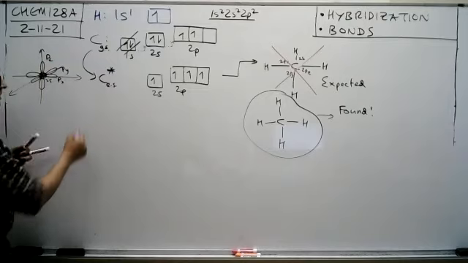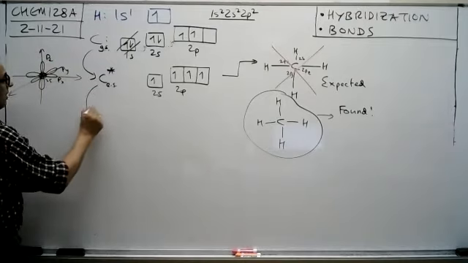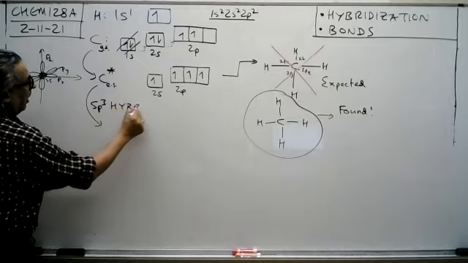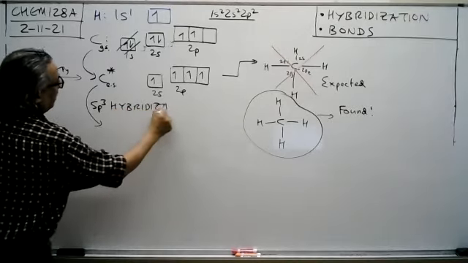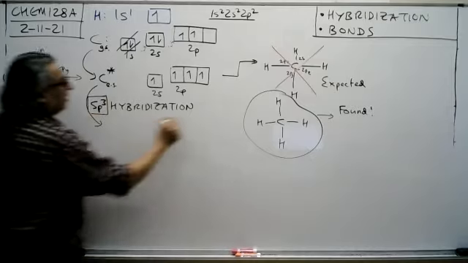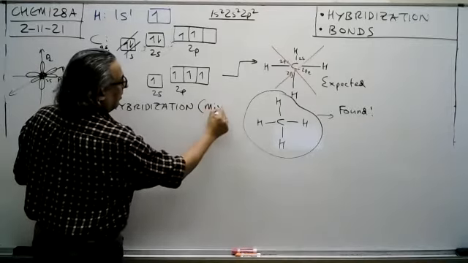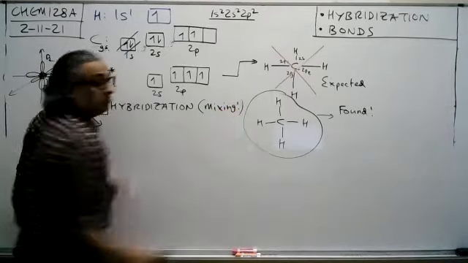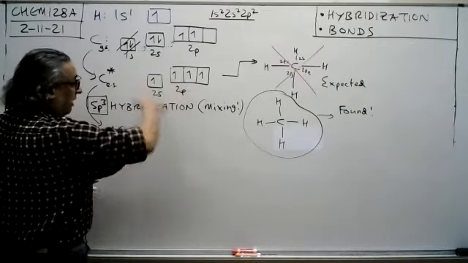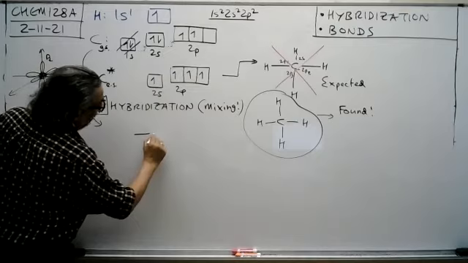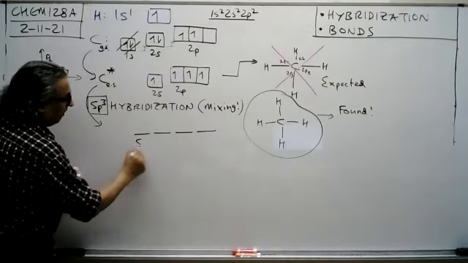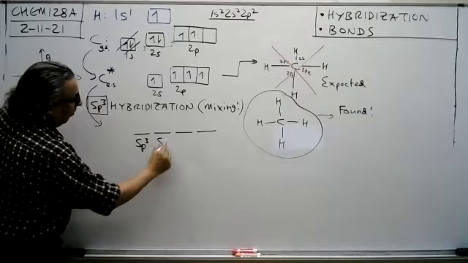Therefore, we suggested that it undergoes sp3 hybridization. Essentially, it means mixing. That's it. Simple. 1 part s, 3 parts p, and you get 4 identical orbitals. And these 4 identical orbitals are sp3 hybrid orbitals.